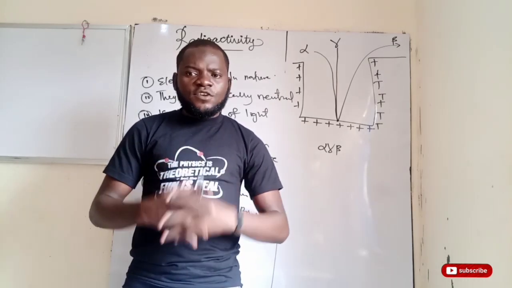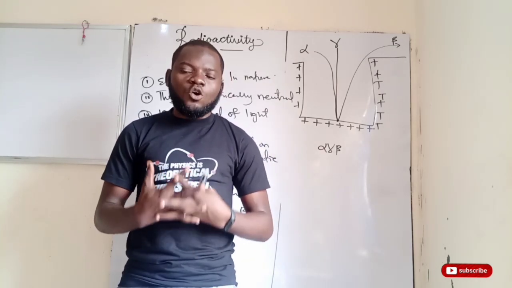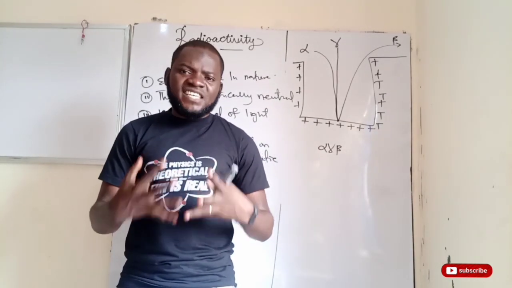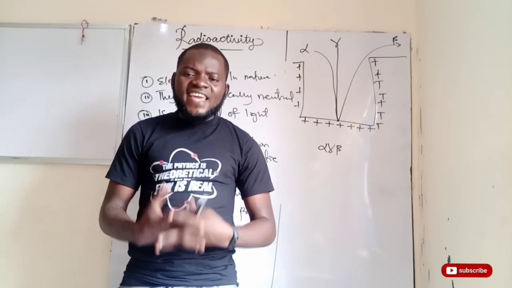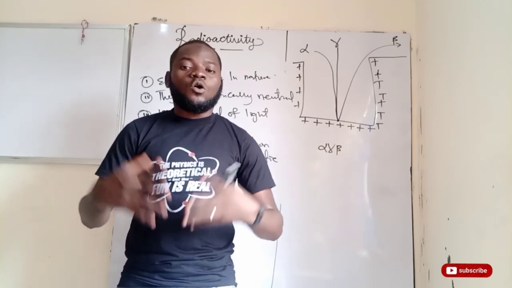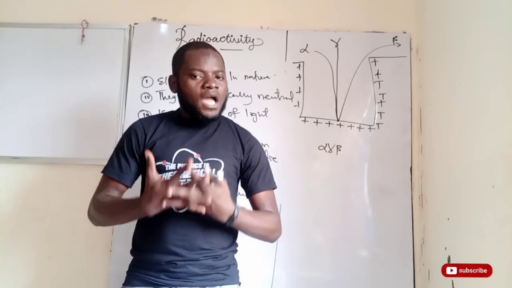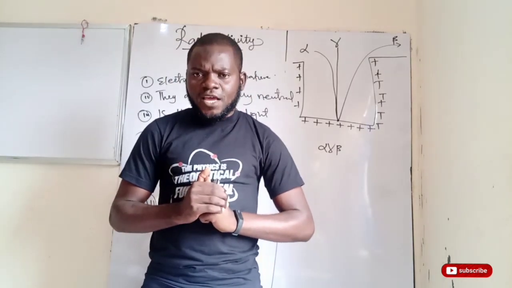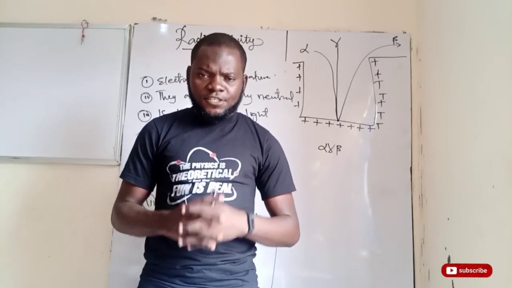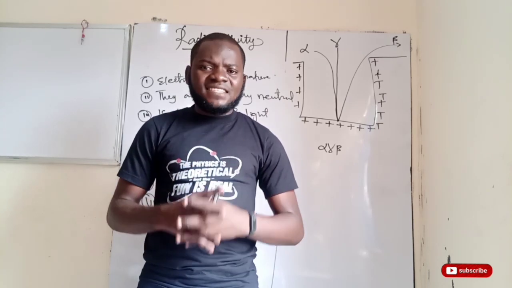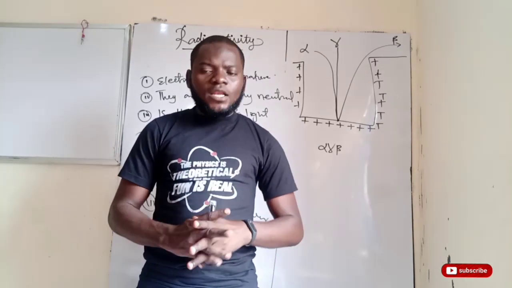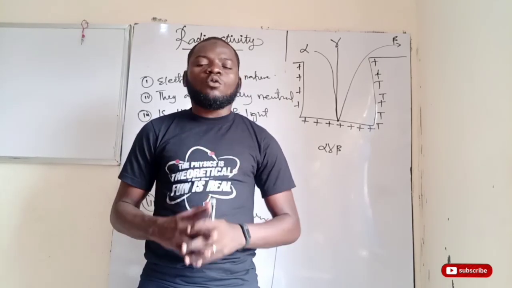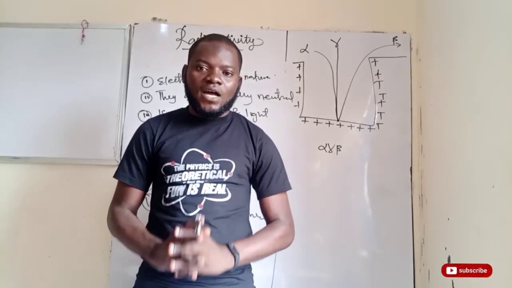Okay, thank you. Let's quickly move on to the next thing that we are meant to know about radioactivity. When a substance continues decaying, it's going to continue decaying gradually as you expose it or you bury it under the soil. Are we together? Now let's pay maximum attention here. If I have an atom, and I kept that atom either under the soil or on the soil, what happened is that this particular atom will start disintegrating gradually.